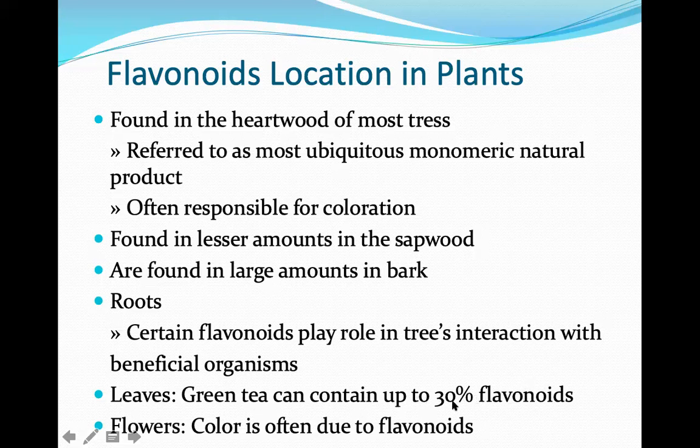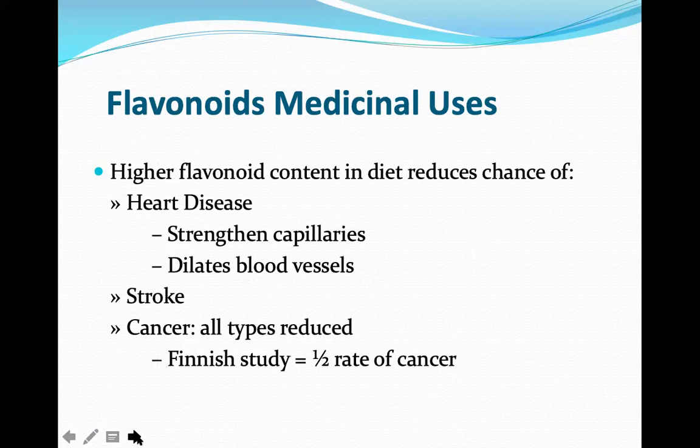This is why it is very good for our health. It helps boost our immunity because flavonoids have antioxidant principles. Flower color is often due to flavonoids, as is the color of plants and other organisms.